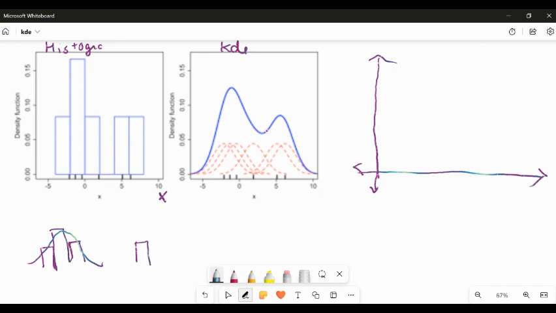So for every data point, as I've said six, I'll draw it over here. One, two, three, four on one side, and five and six on the other side. Now for every data point there will be a certain mean, and the y-axis is my density, so we'll represent it as d.